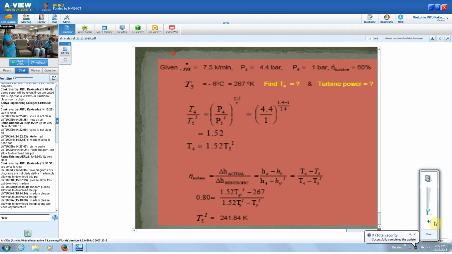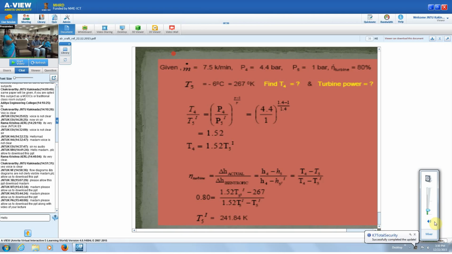Any doubts in this? So you follow the book Refrigeration and Air Conditioning by Domkundwar, or even C P Arora.